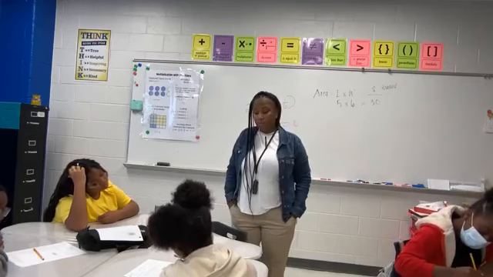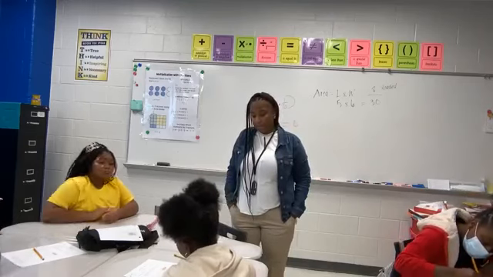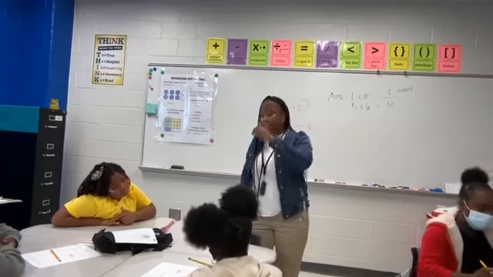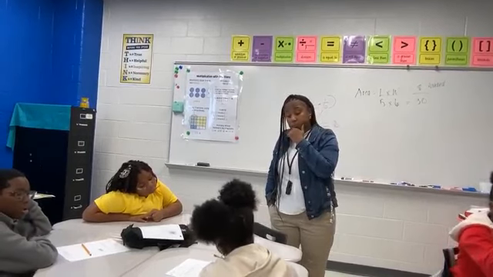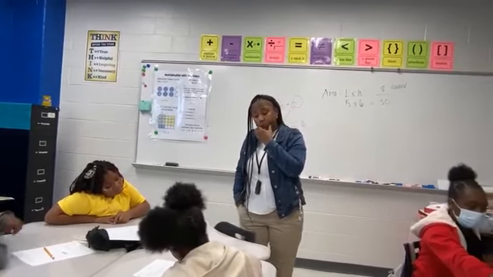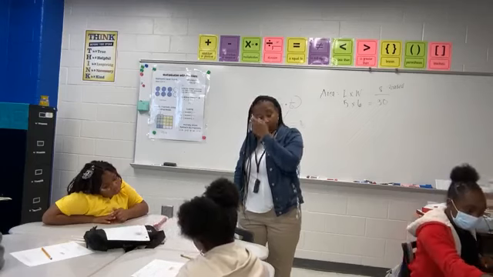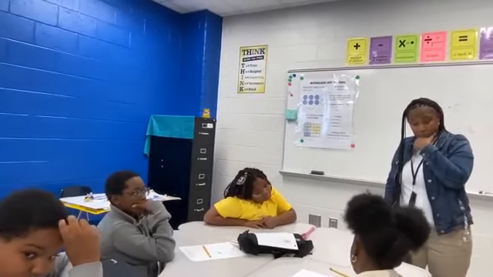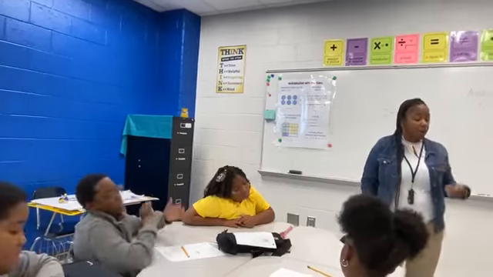And then we multiplied 6 times 5, which was 30, our denominator. Okay, now how does that expression relate to the model? It's 30 in all, but the squares shaded are 8, so it equals 8 over 30. Okay, good job. Let's give everybody a round of applause.